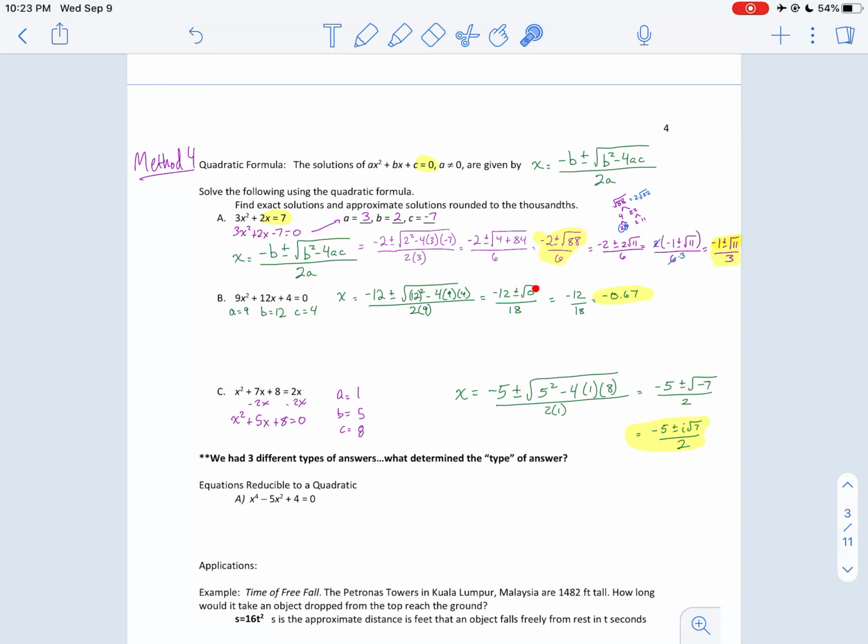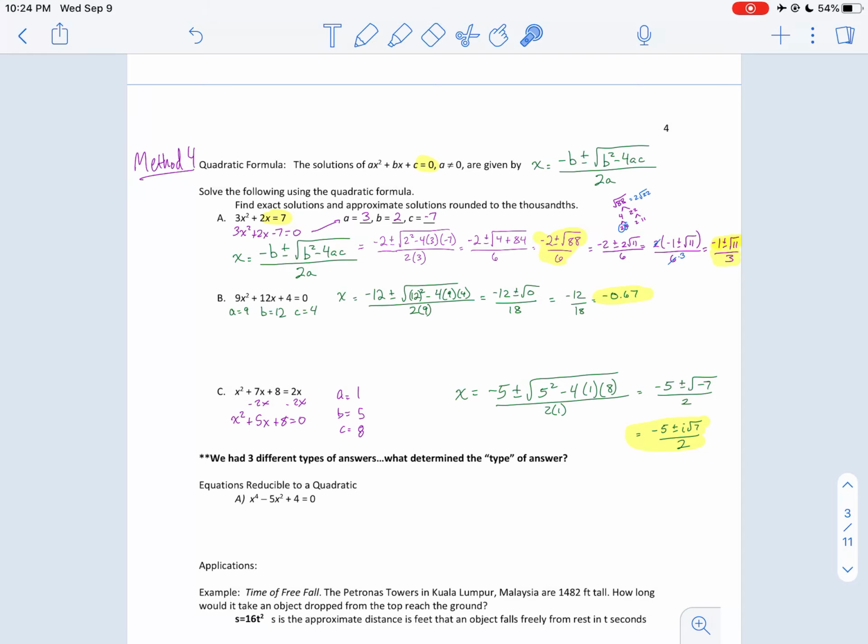Here we had the square root of 0. It's a real answer, but there's only going to be 1, because when you add 0 or subtract 0, you get the same number. We call this a double solution or a double root. And then part C here, you see that the inside part was square root of negative 7. It's a negative, so it's going to give me a complex answer, an imaginary answer. And there's 2 of those as well.